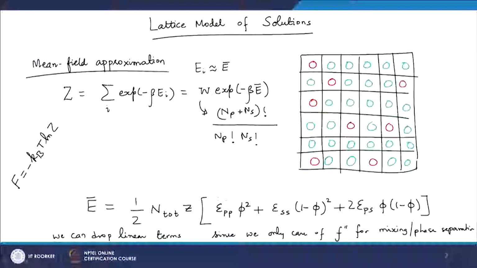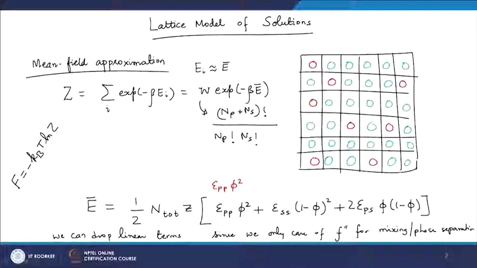So, I will collect the terms that contain second power of phi, that is epsilon_PP phi square here. So, this term will be retained. Let me write on top what will be retained.